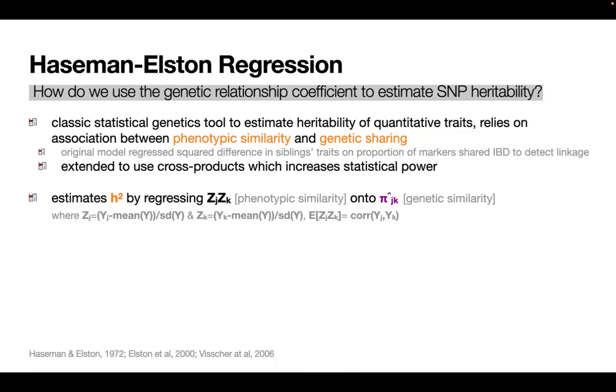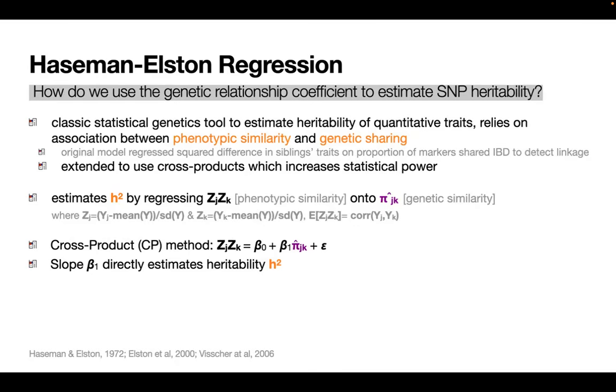And then it estimates the heritability by regressing the phenotypic similarity, as expressed in the correlation between normalized residuals, onto the genetic similarity, the pi hat that we've just defined.